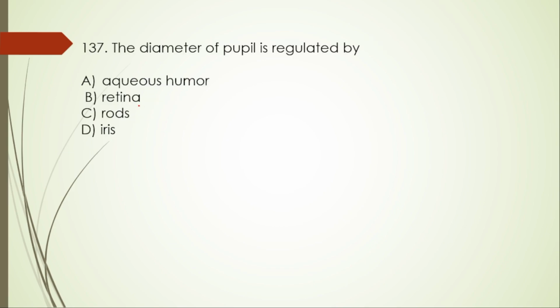Next, 137. The diameter of the pupil is regulated by A, aqueous humor, B, retina, C, rods, D, iris. Here the right option is iris because it is the colored part of the eye, containing two types of muscles that work together to control the size of the pupil, that is circular muscle and radial muscle.